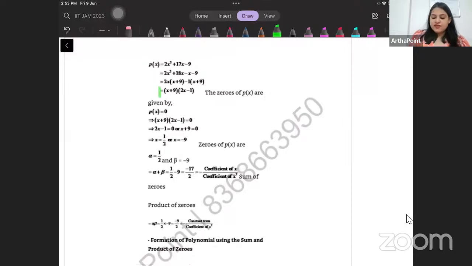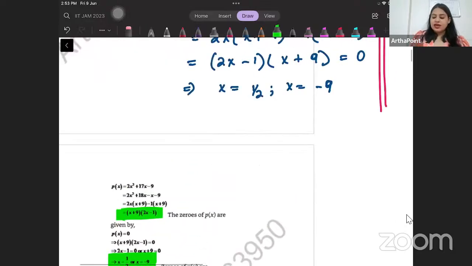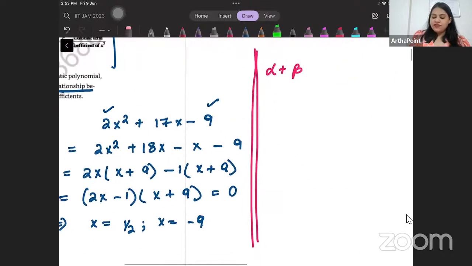Yeah, so the zeros have come out as x plus 9 and 2x minus 1. So you will have x either as half or x as minus 9. Okay, so now it tells us that we want the sum of zeros to be minus b by a. So this is what we want to go ahead and verify.